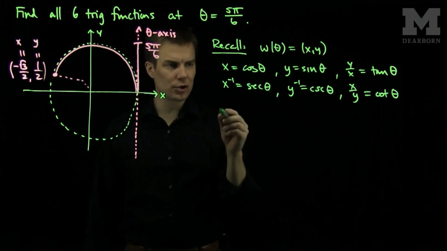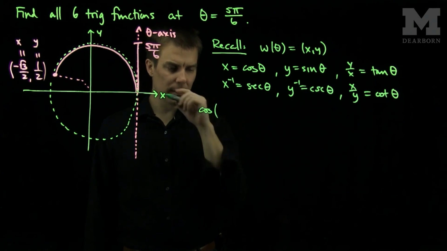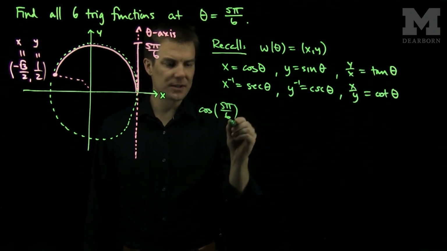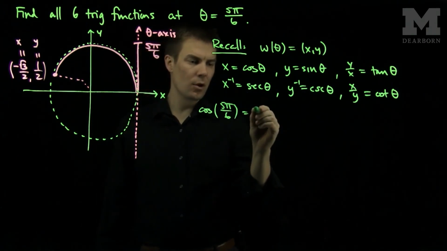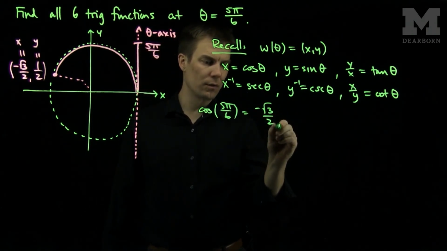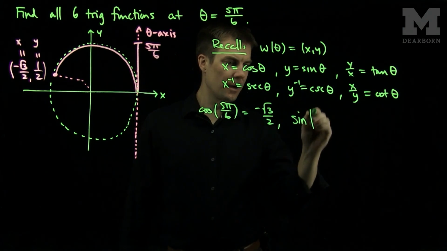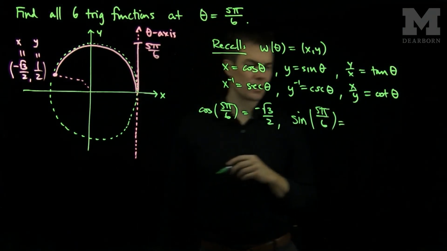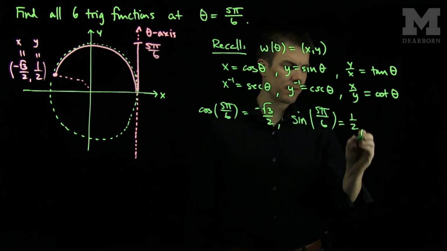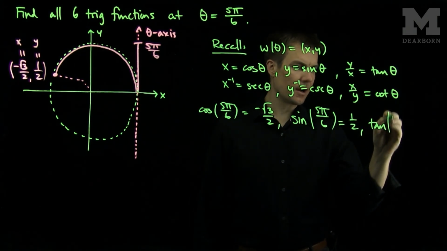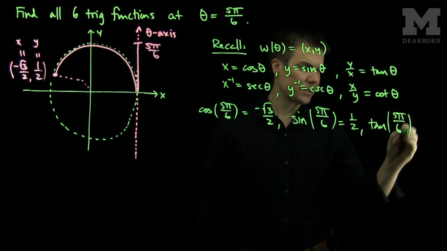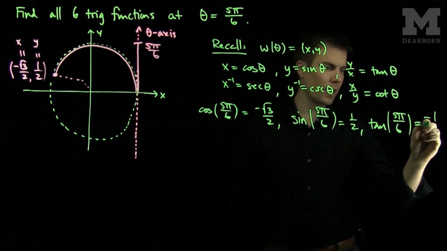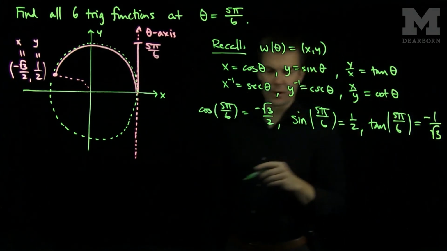So, using this relationship, we have the cosine of 5 pi over 6 is the x component of the wrapping function, which is negative root 3 over 2. The sine of 5 pi over 6 is the y component of the wrapping function at 5 pi over 6, which is 1/2. And the tangent of 5 pi over 6 will be the ratio of sine and cosine, so I'll have a negative 1 over the square root of 3.